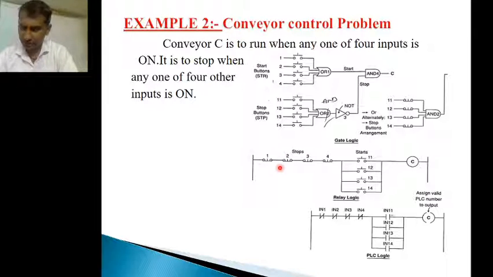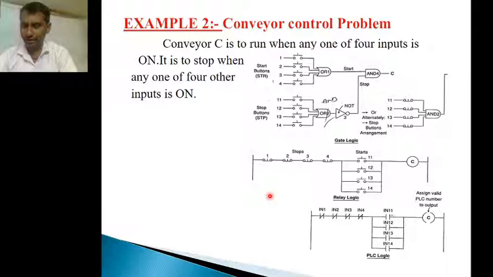Suppose these represent the stop button switches. So if I1 is on, output is on, or I2 is on, output is on, I3 is on, output is on, I4 is on, output is on. So this can be represented with an OR gate. And similarly, when any one of these 4 inputs is on, output is off.